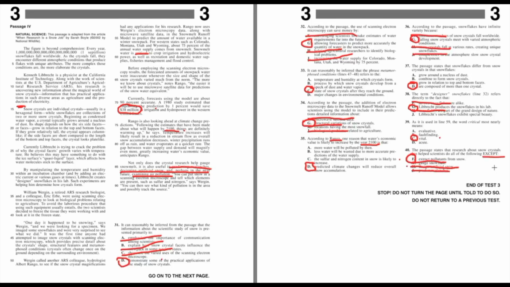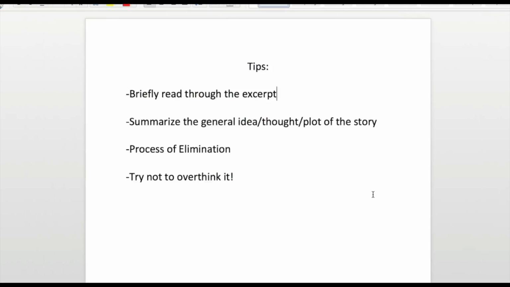Now within this passage, we used a variety of methods that I'd like to just summarize and go over really quickly. So one is to briefly read through the excerpt and at the very end summarize the general idea of the story.